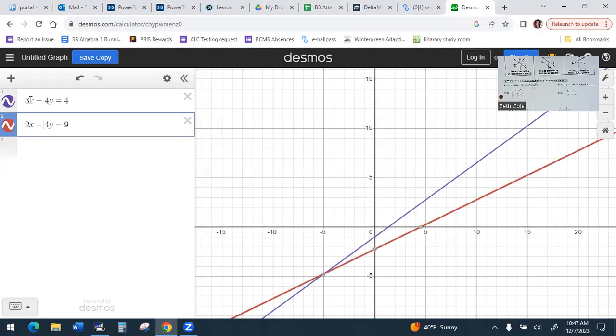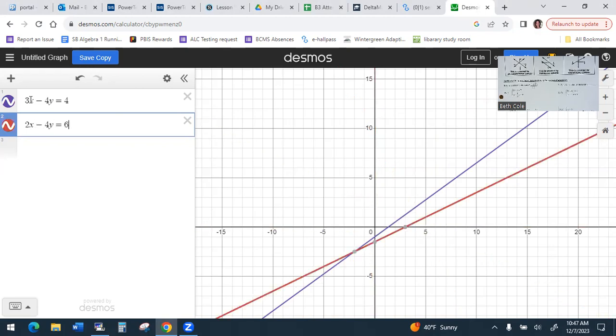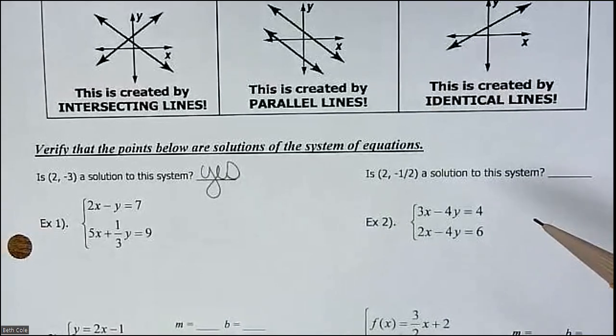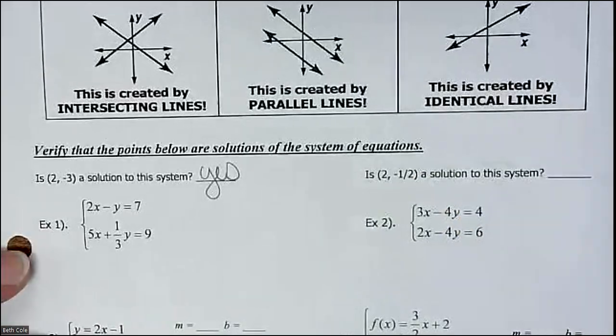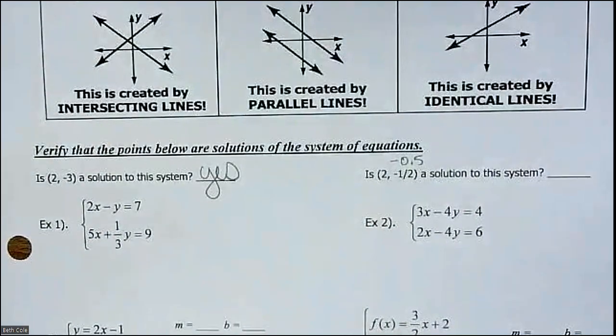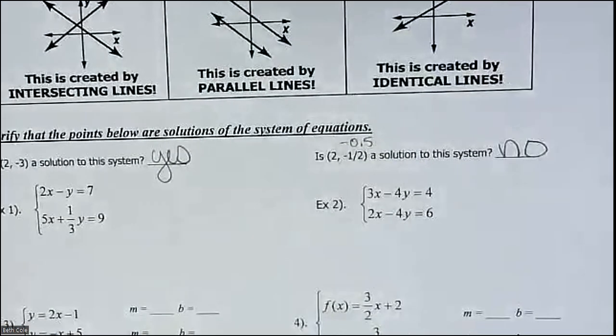So I'm going to click on the intersection. I got 2, -2.5. Is that what it says for the answer? No, -0.5 is -0.5, not -2.5. So that one is no. You've got to be careful with your fractions.